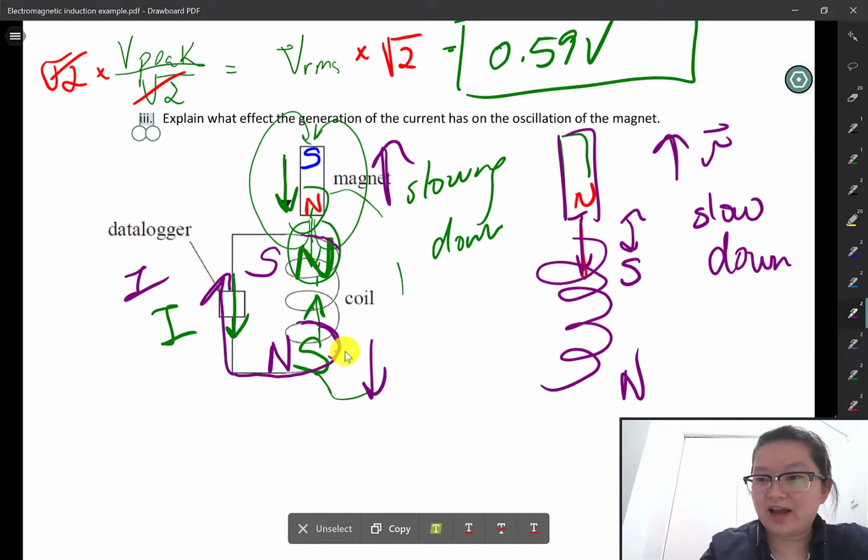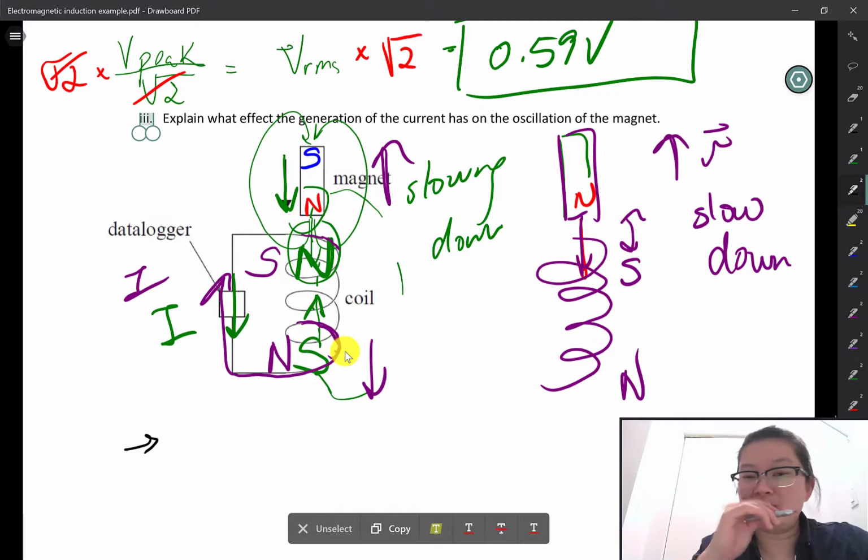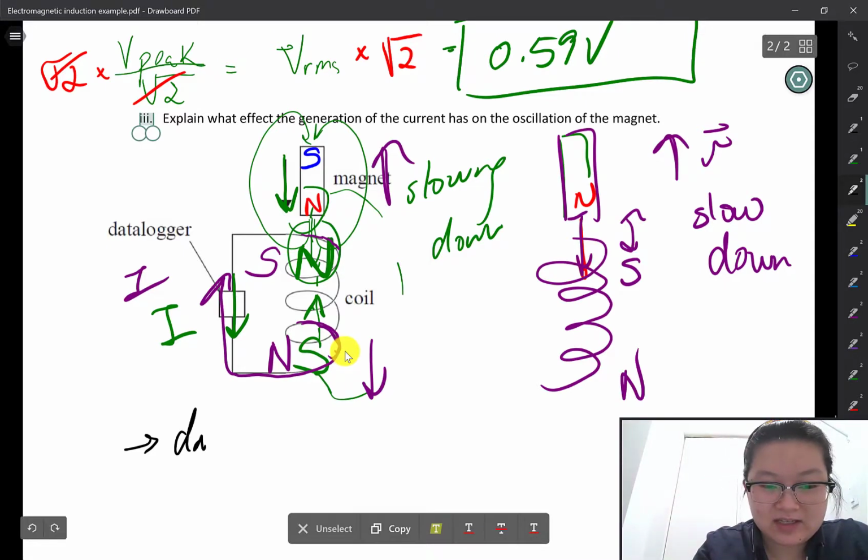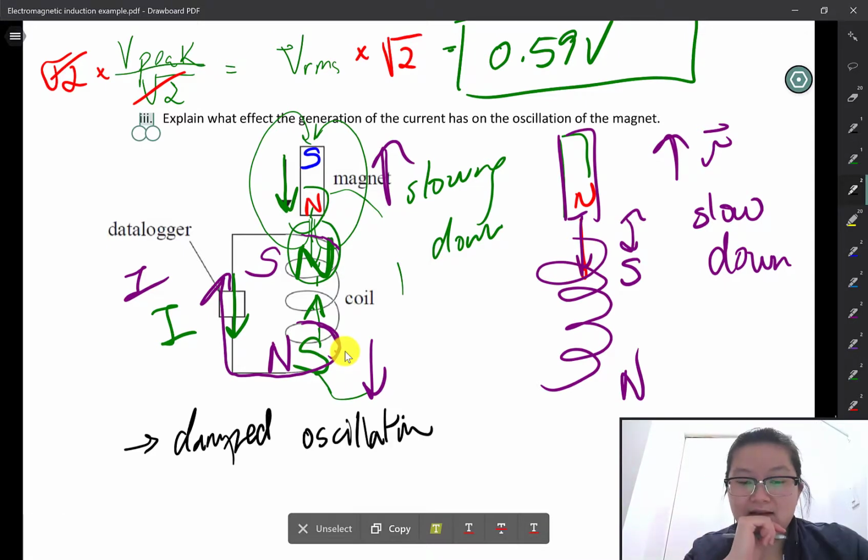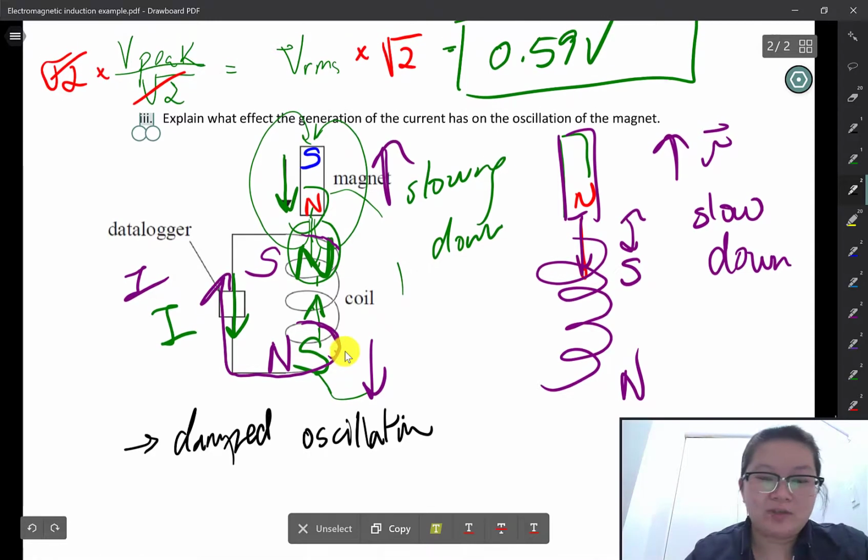The effect of that is it's going to be a damped oscillation. It's going to be damped over time. We call this damped oscillation, which means that the mechanical energy of this magnet is decreasing over time, meaning this mechanical energy is going somewhere. Well, it looks like a current is being produced, which is electrical energy. So all this mechanical energy is getting converted into electrical energy through the data logger with the current produced.